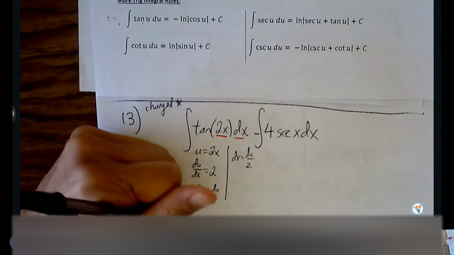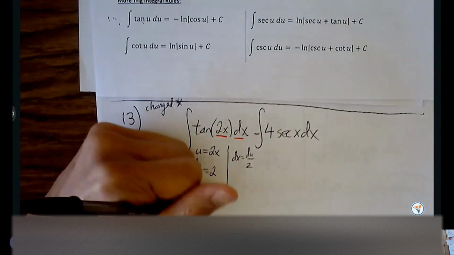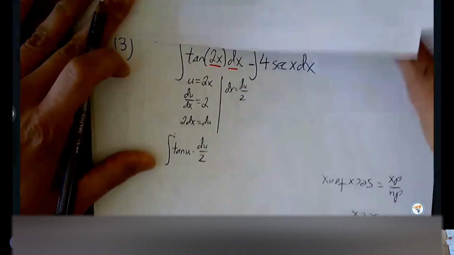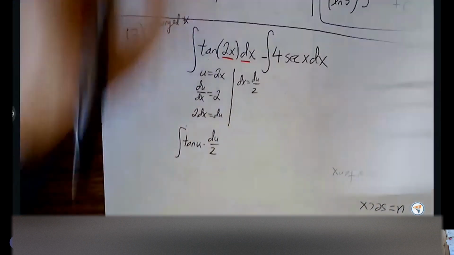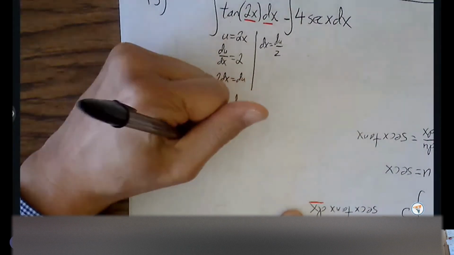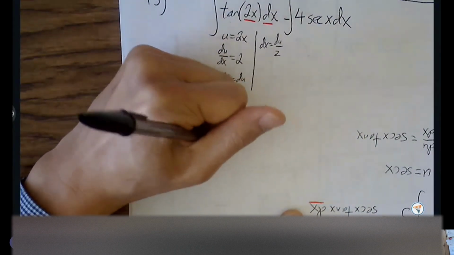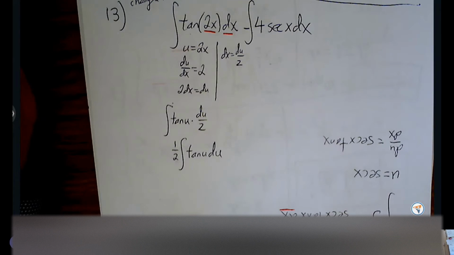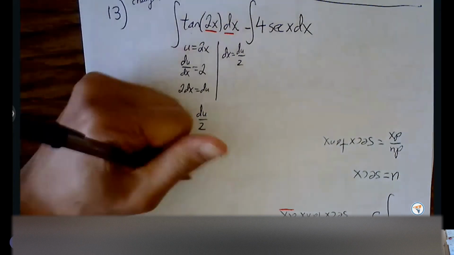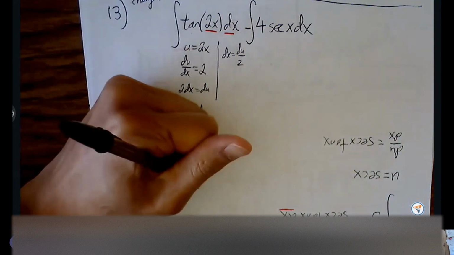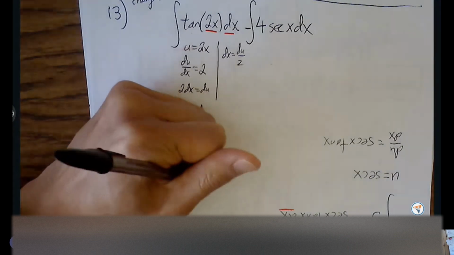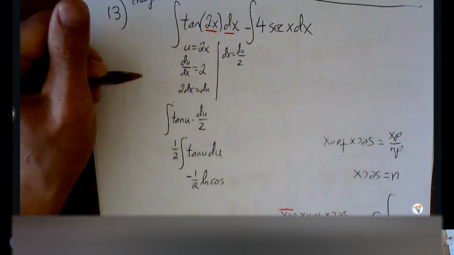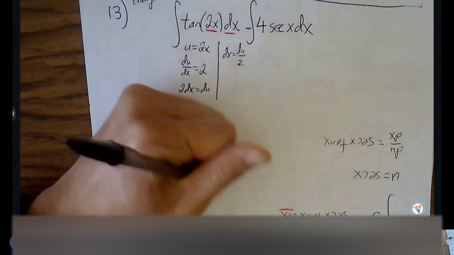I get integral of tangent of u times du over 2. Push that 1/2 out. And that tangent u is simply just going to be negative natural log cosine u. And I'm just going to go ahead and bring that 2x back in.